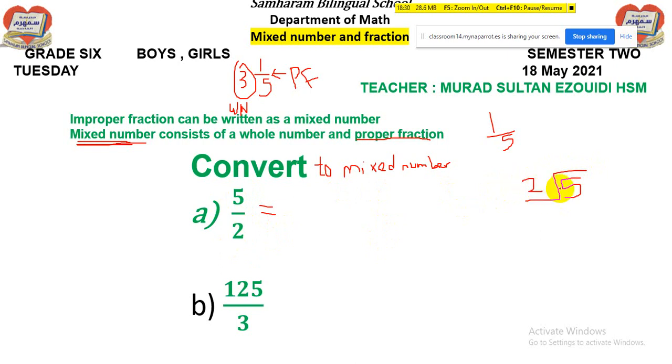Now let's try to find some groups of 2 that can be in 5. Look, 2 multiplied by 1 is 2. 2 multiplied by 2 is 4. I will try to find a multiple of 2 which is less than or equal to 5, then I will use this fact.